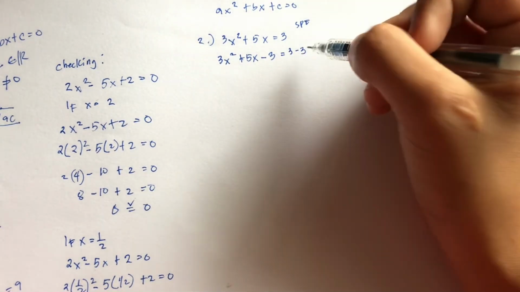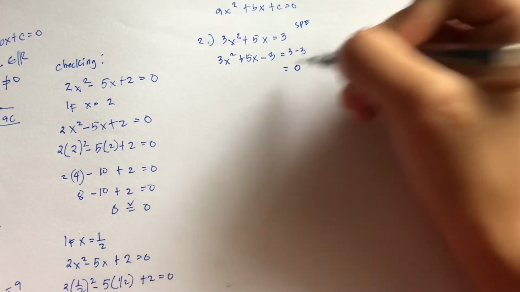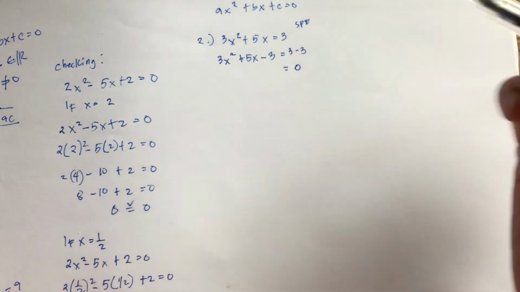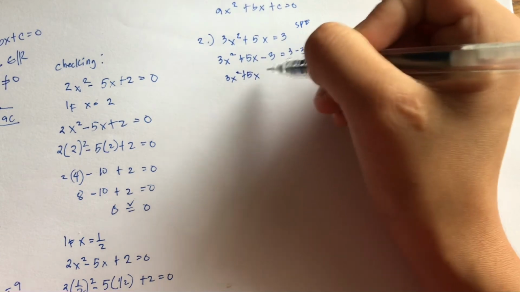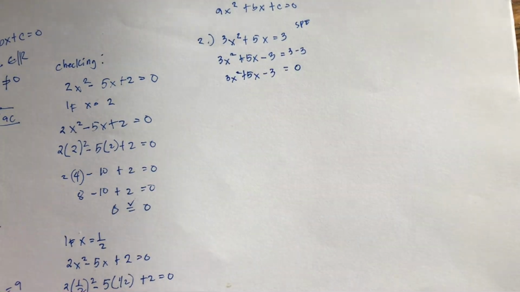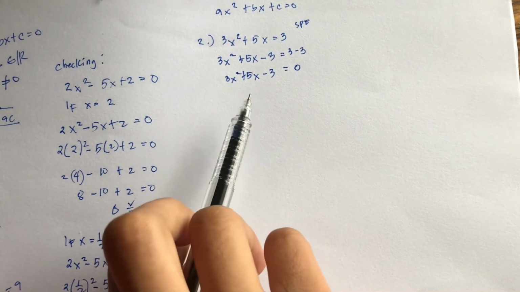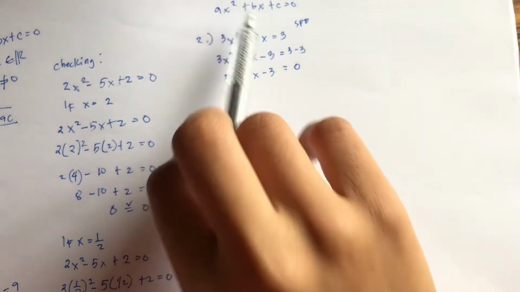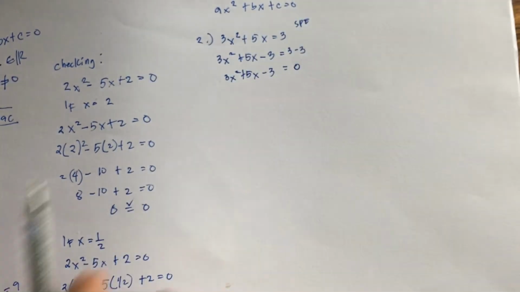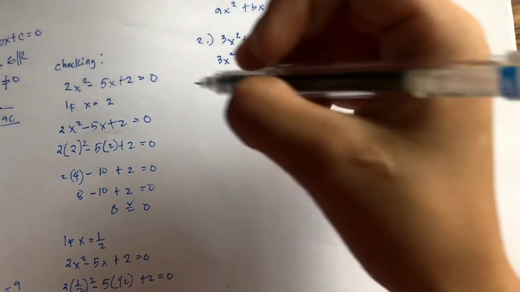So 3 minus 3, that's 0. We only have to copy the left side of the equation, so we have 3x squared plus 5x minus 3. Now, is this already in the standard form? Yes. Clear? So the next step is to get the values of a, b, and c.